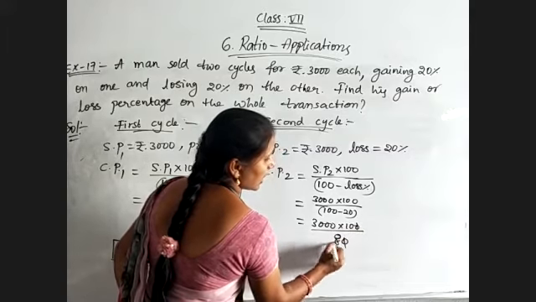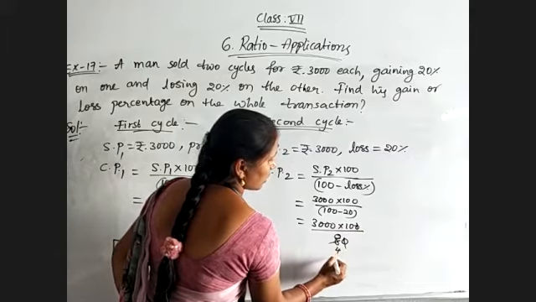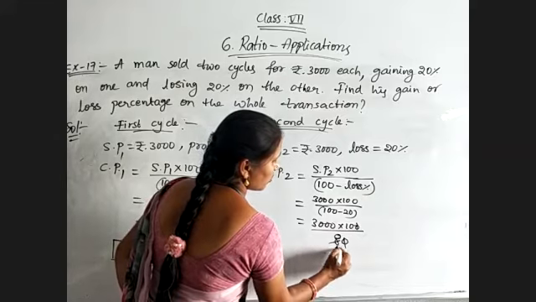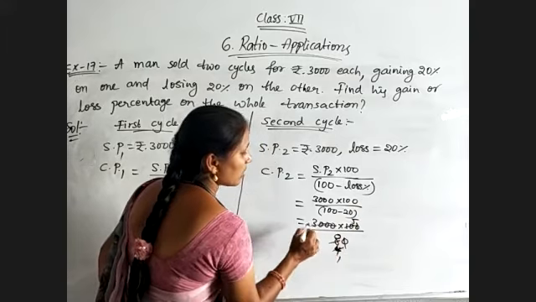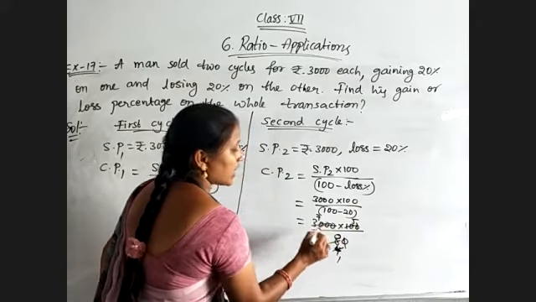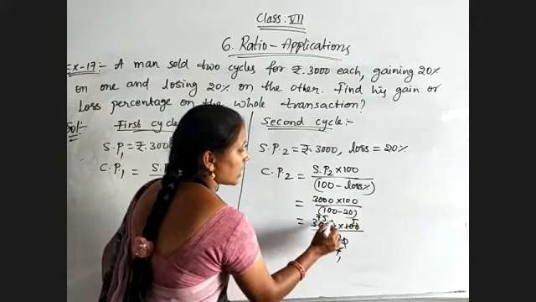The zeros will get cancelled. 2 fours are 8, 2 fives are 10. Then 4 ones are 4, 4 sevens are 28, 20, 4 fives are 20 and 0.